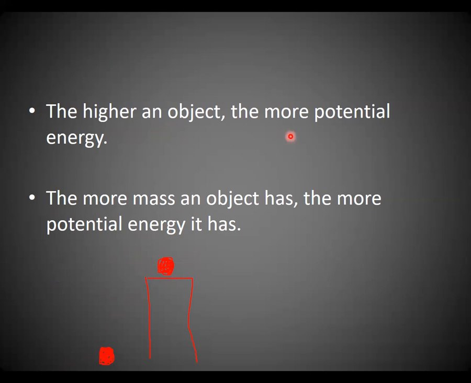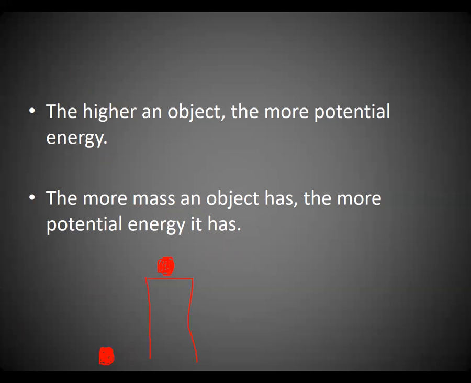The higher an object is, the more potential energy it has. So this ball at the top on the shelf has more potential energy than the one down here on the ground. And again, it's because all that energy of the height is going to be used if it were to be knocked off.